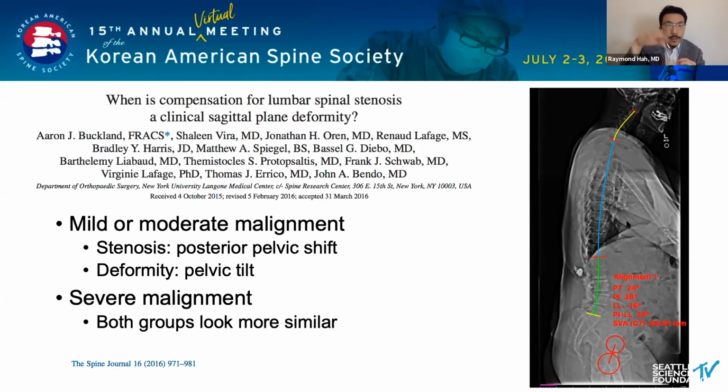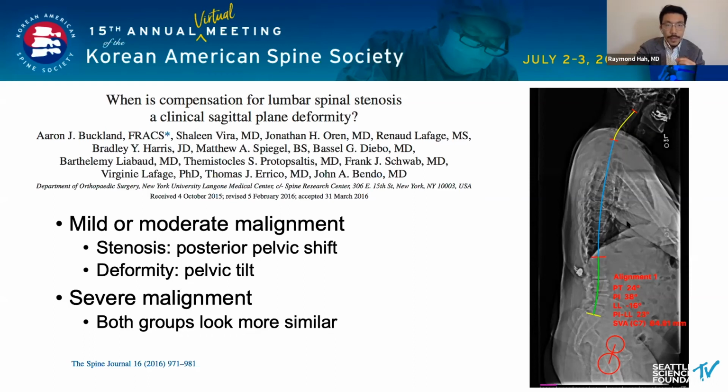And what they found is, in patients who had mild or moderate malalignment, so just slightly elevated pelvic tilt, not very out of alignment, the stenosis patients, instead of recruiting pelvic tilt for compensation, actually tended to tolerate some more SVA, so anterior truncal inclination, and tended to shift their pelvis posterior, so more compensation from the lower limbs, as opposed to deformity patients who tended to recruit pelvic tilt earlier, which makes sense because they're trying to keep the lumbar spine in relative hypolordosis, again, to open up the neural elements.